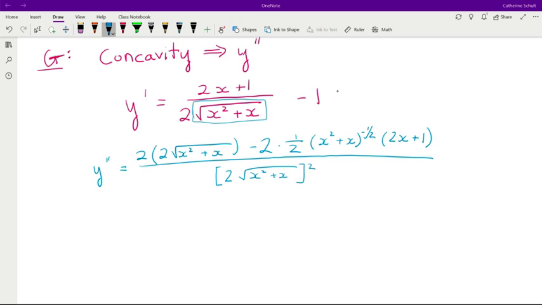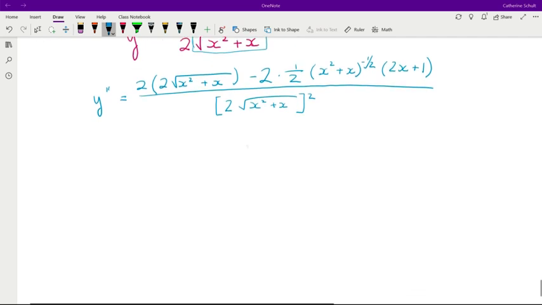The derivative of -1 is 0, so we can just stick with what we have in blue. Let's do some cleanup. I'll use a different color. Here, this is going to be 4. And then 2 times 1/2 is 1.